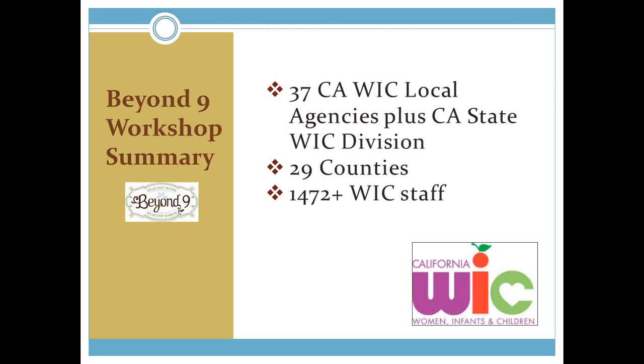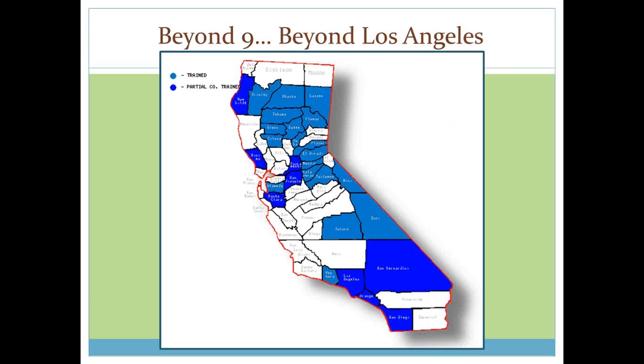We were able to reach 37 local WIC agencies and also the state WIC division, 29 counties, and 1,472 WIC staff. This map reflects the counties that were reached through the project. The project officially ended in September, and so you can see that there's more work to be done. So this webinar certainly helps to plant some seeds that we hope will flourish into spreading the message further.